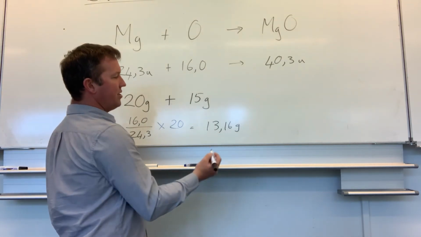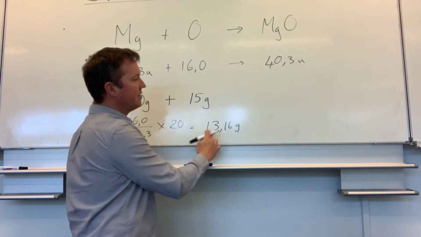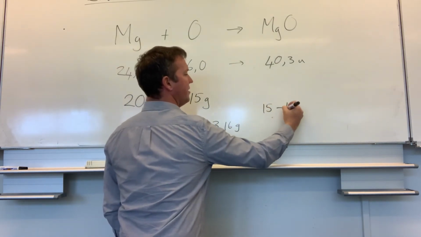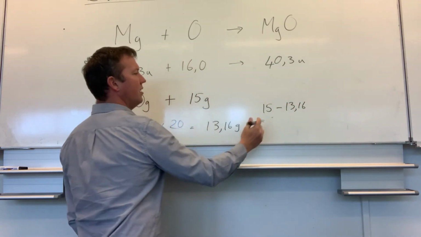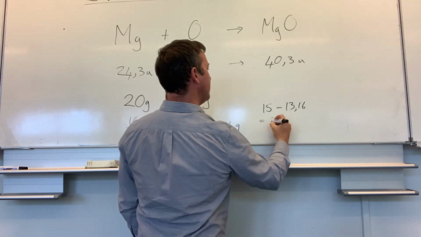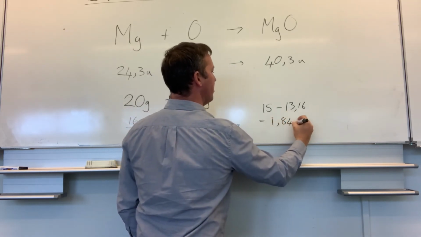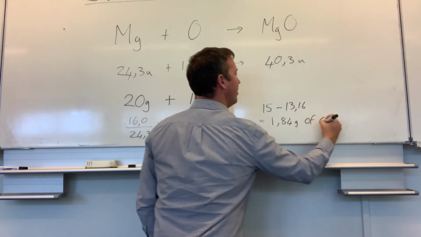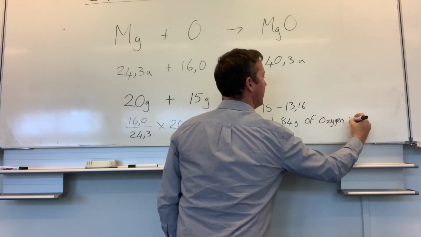And then very simply, you're going to say, well, I had 15, I only need 13,16. So all you're going to do is go 15 minus 13,16, and you're going to end up with 1,84 grams of oxygen in excess.